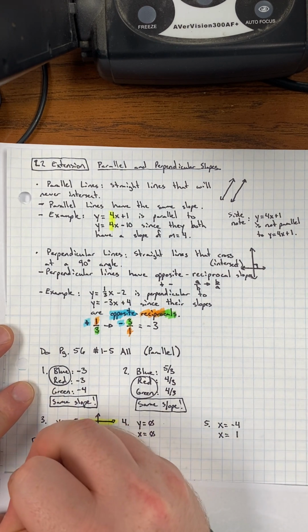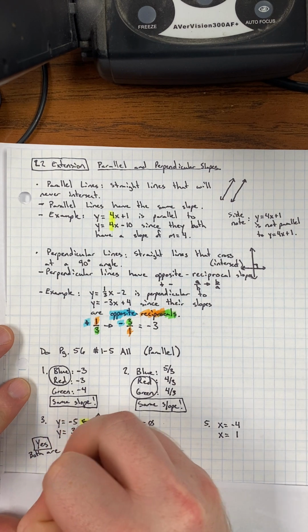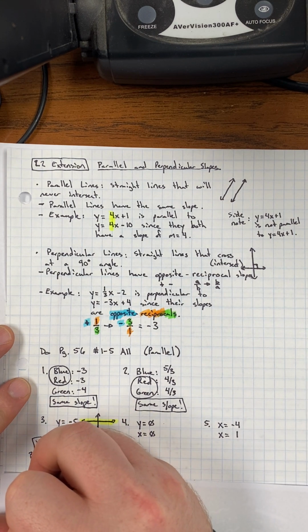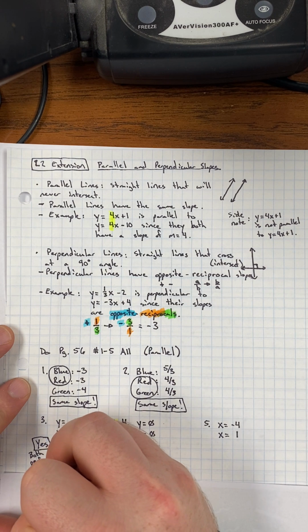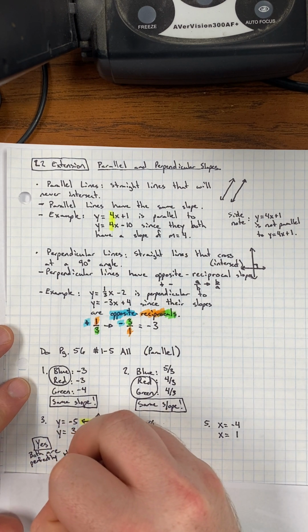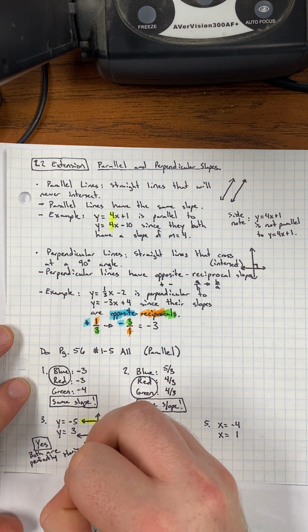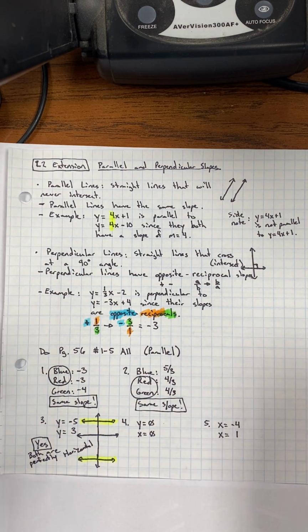And so the way I can say this is both are perfectly horizontal. Since both of them are perfectly horizontal, I know that these two will never cross.